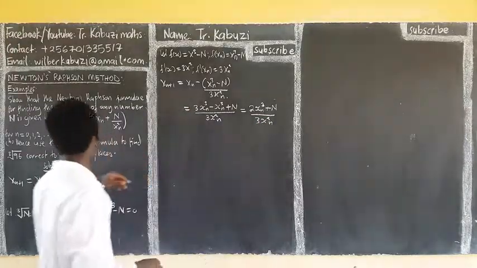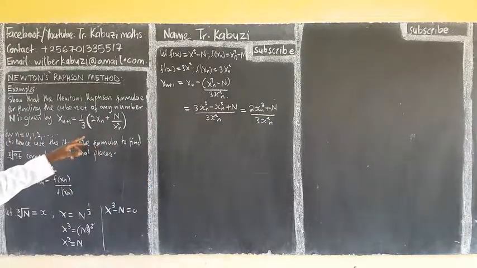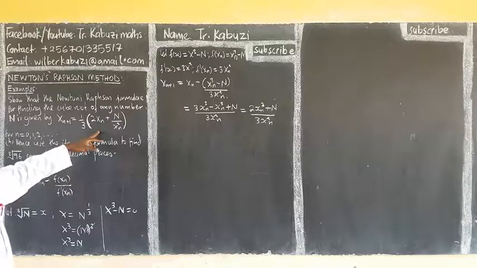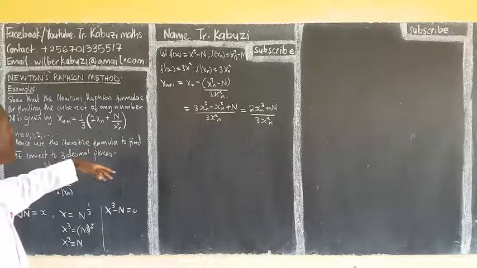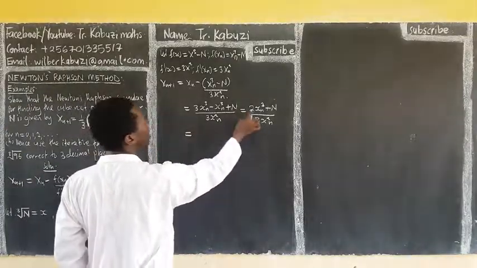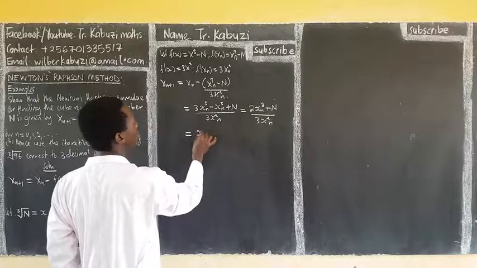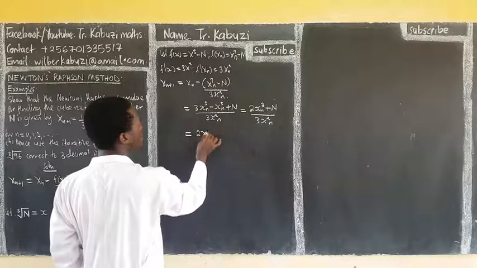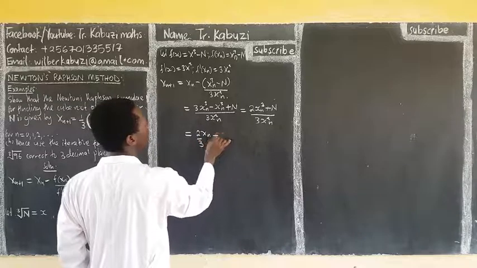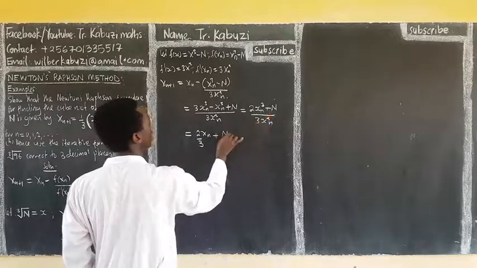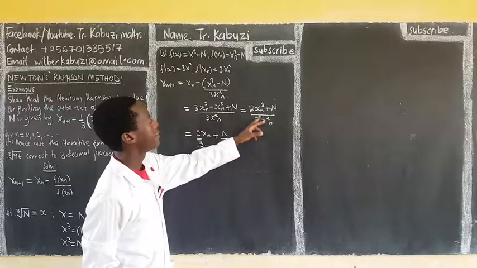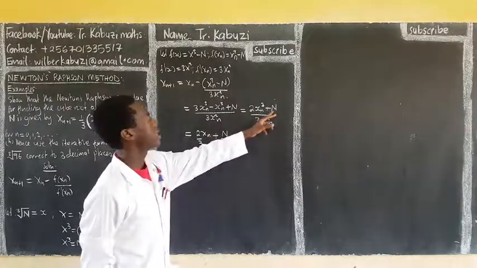If I factorize out 3, this is 3, and then I divide. If I separate here, this divided by this, I have 2xn over 3, then plus n over 3xn squared. This divides this, you get this, then this divides this, you get this.